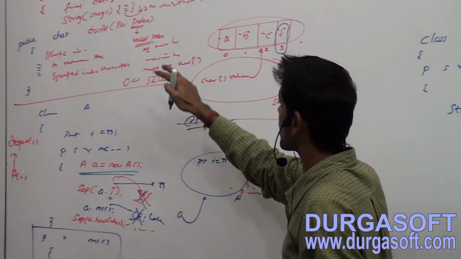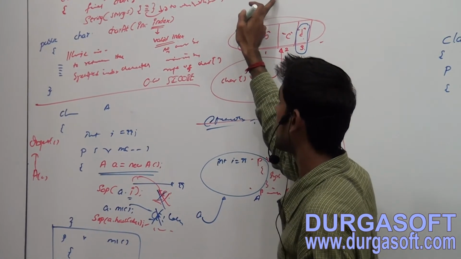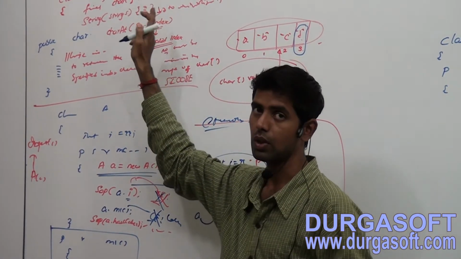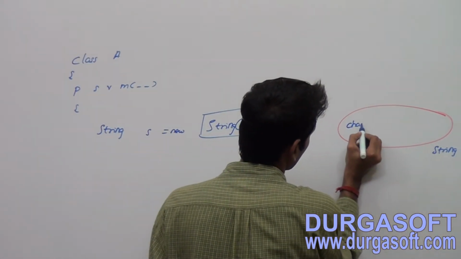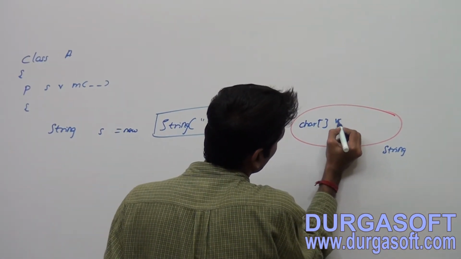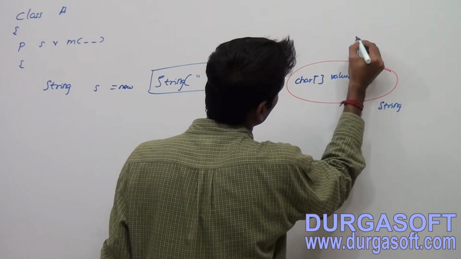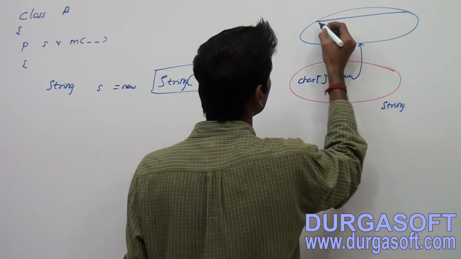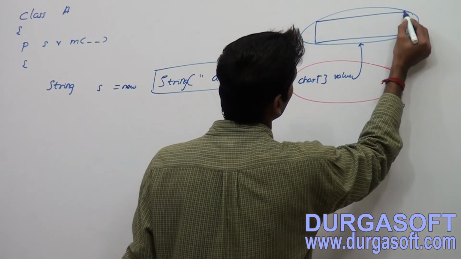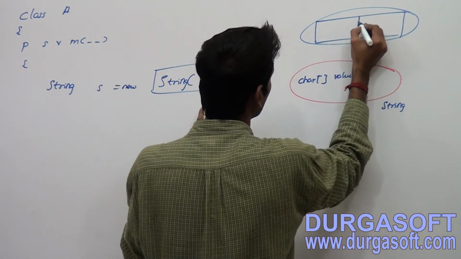Here you have the logic to initialize the char array, that is, the value. Now observe this part. What is the size of this argument? 4. So it will create 4 blocks.